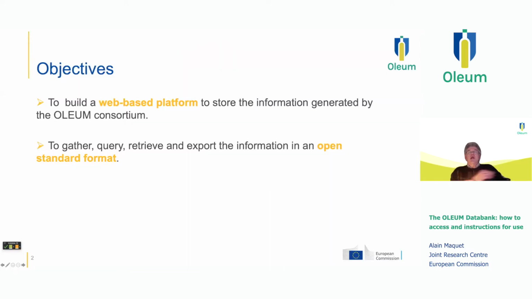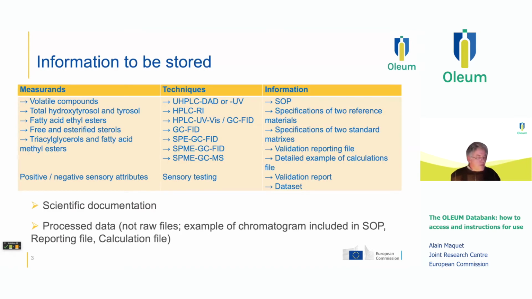Our objective was to build a web-based platform in order to store the information generated by the OLEUM consortium. The idea is to gather, query, retrieve, and export the information in an open standard format. The information that we will store is summarized in this table.